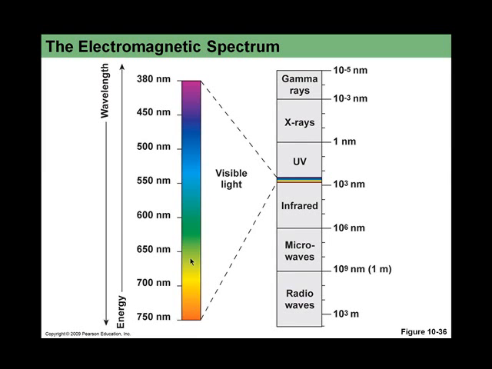So it's Roy, red, orange, yellow, green, blue, indigo, and violet, if you recall. So the ROY G BIV ranges from 750 to 380 nanometers in wavelength, with 380 nanometers being the higher energy.